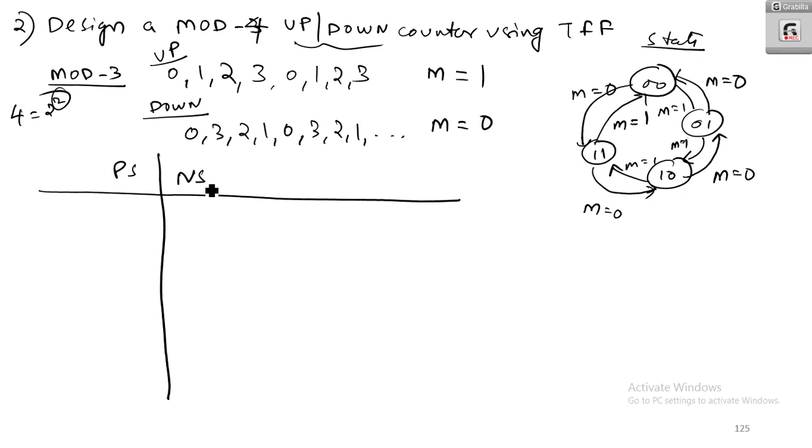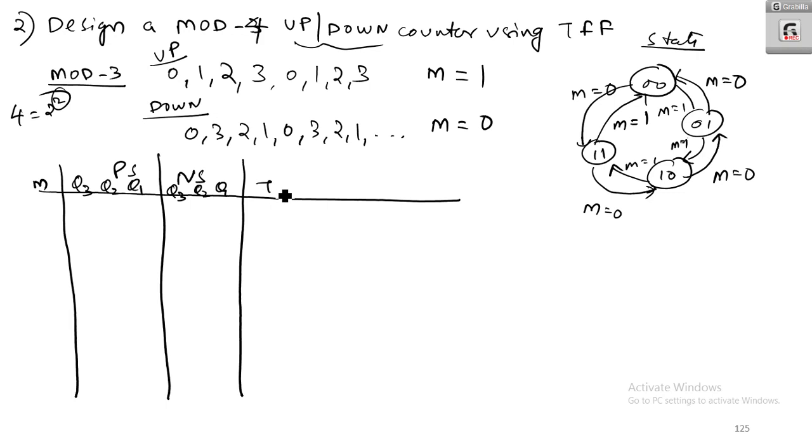So I am having present state as Q3, Q2, Q1. Along with that, I should have M as input. Now see, if it is going for up count, what happens? I am going for T flip-flop, so I should have T3, T2, and T1.